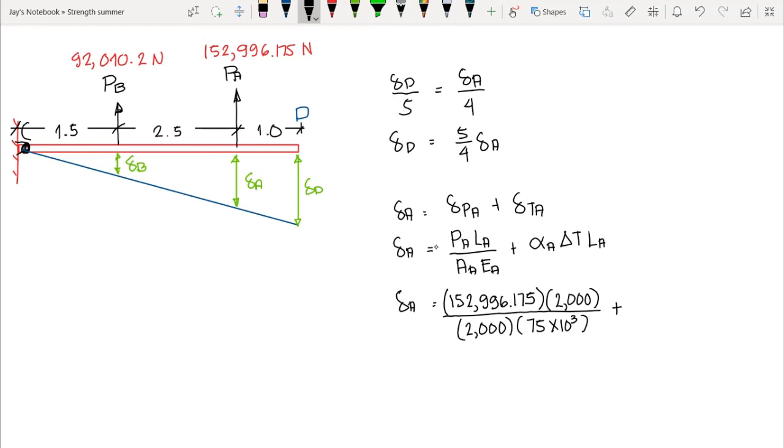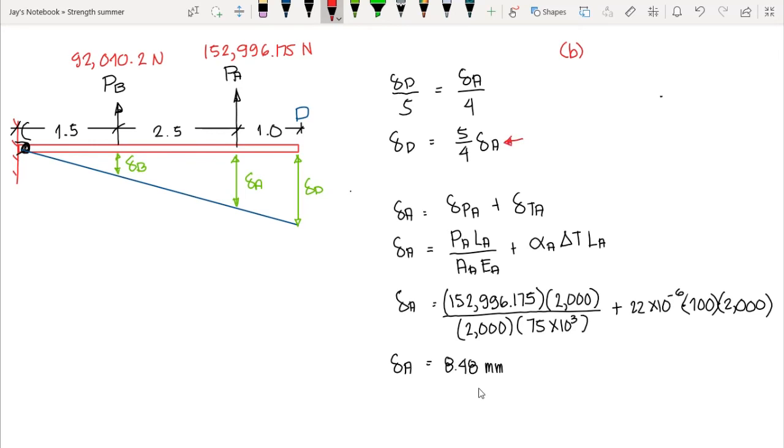Plus the thermal coefficient. We know the coefficient is 22 times 10 raised to negative 6 times the change in temperature, that is 100, times the length here, that is equal to 2,000. So we could have the value of the total deformation of our bar A, that is equal to 8.48 millimeters.